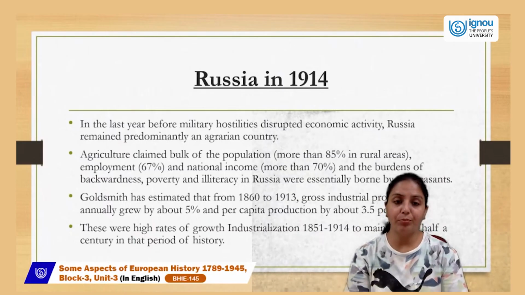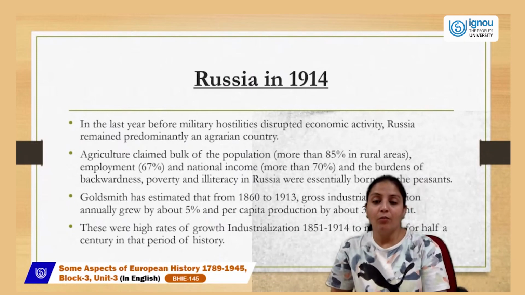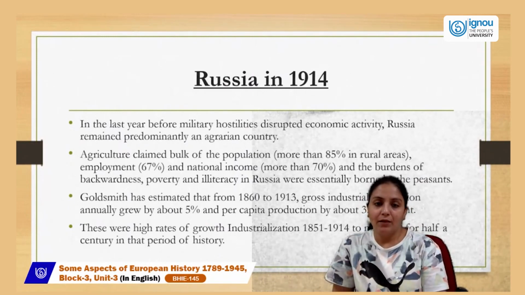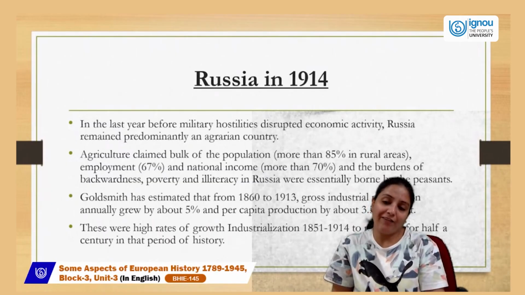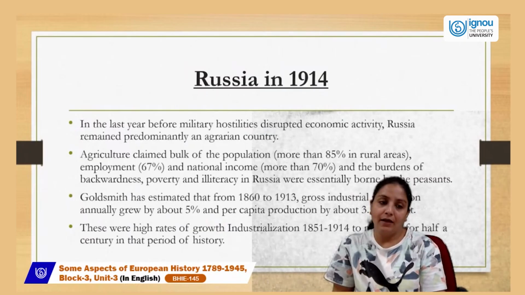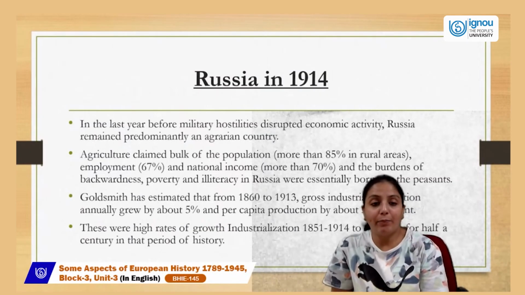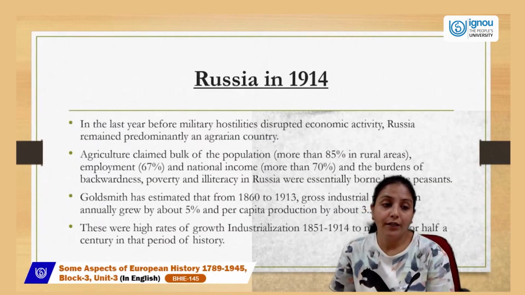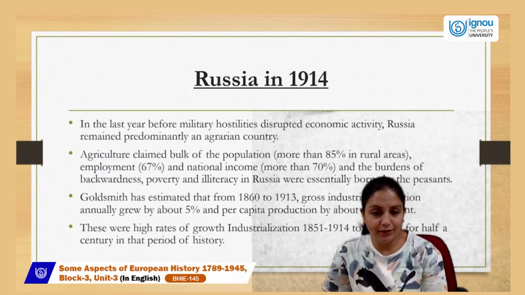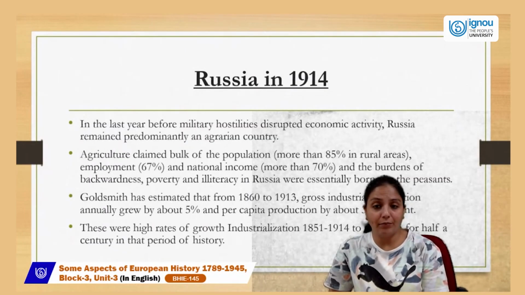Agriculture claimed the bulk of the population: more than 85% of the population lived in rural areas, employment in agriculture was 67%, and national income from it was more than 70% at that time.